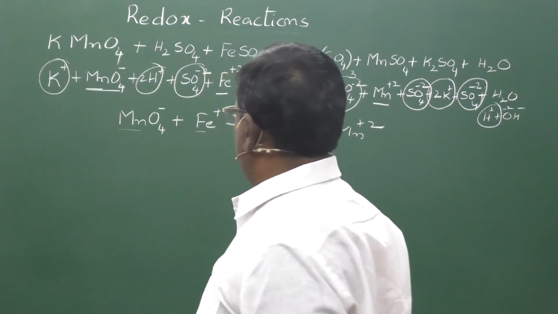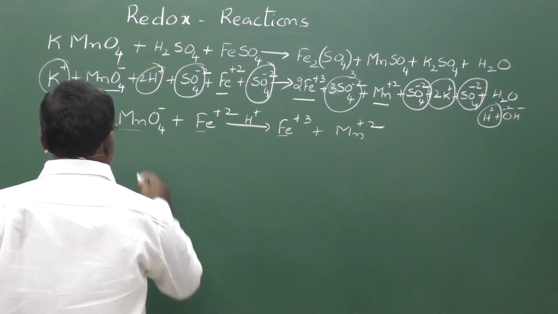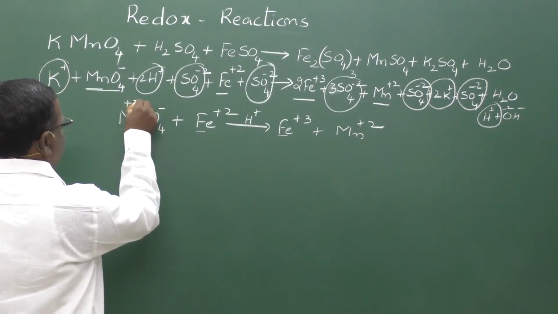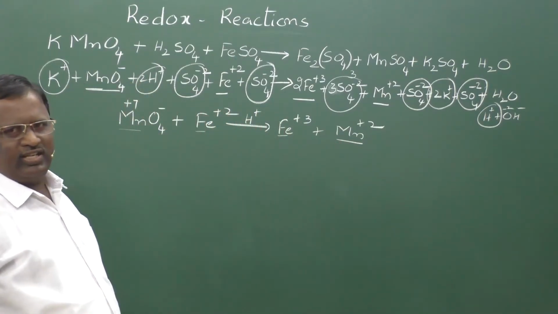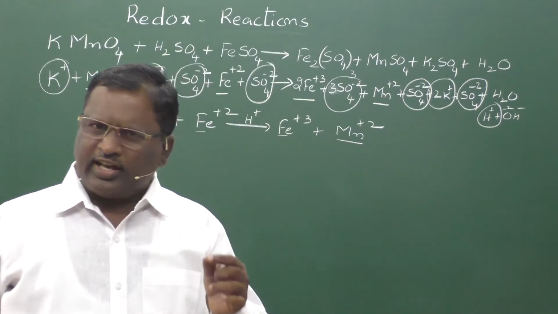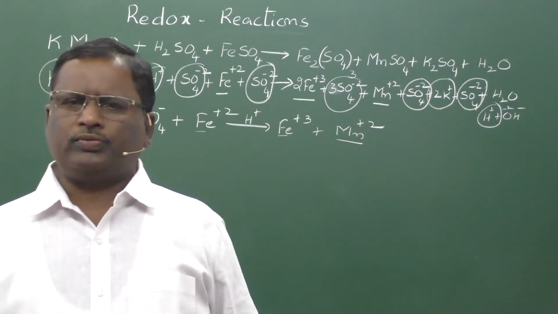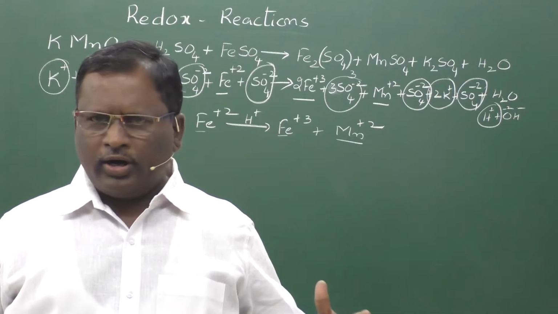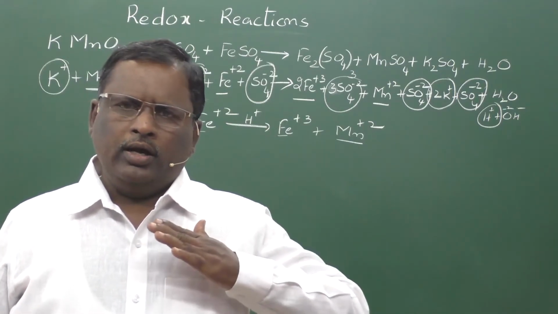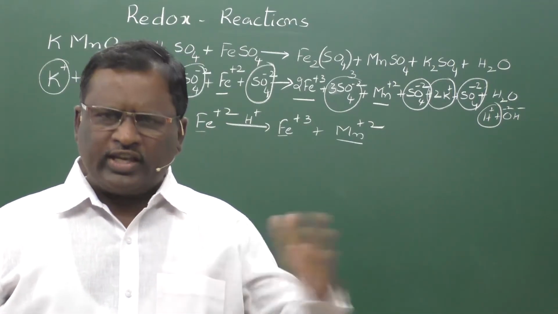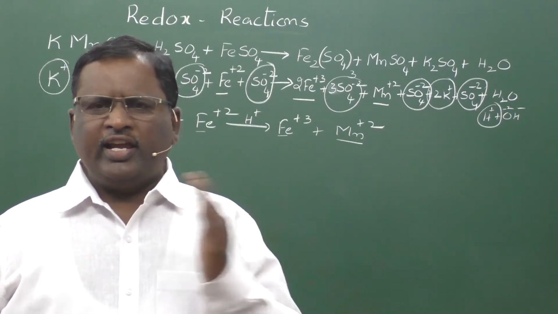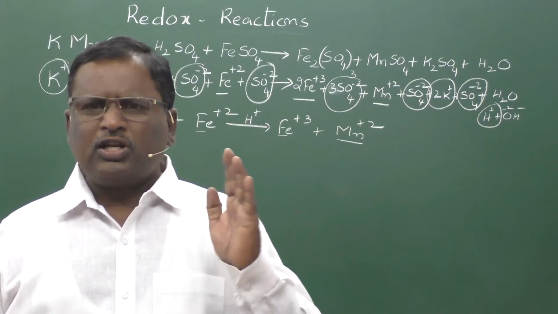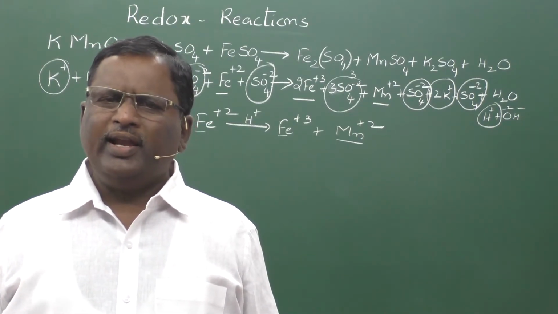Now, here this is plus 7 and this is plus 2. The question is, which ion is oxidized and which ion is reduced? We have already discussed that releasing or losing of electrons by a species is said to be oxidation, and gaining or absorption of electrons is said to be reduction.